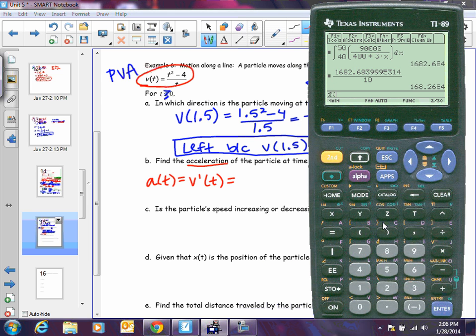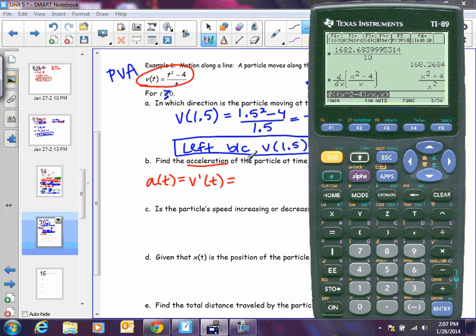So we're going to differentiate. I'm going to have to be clever with my parentheses here. X squared, I could be using t, that would be okay. And I get, I'm going to write it as t squared plus 4 over t squared.